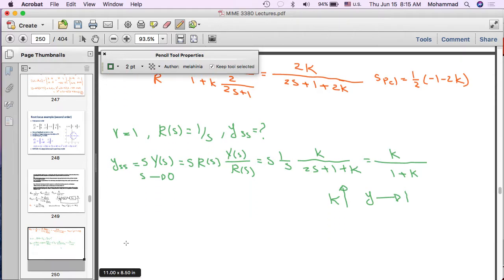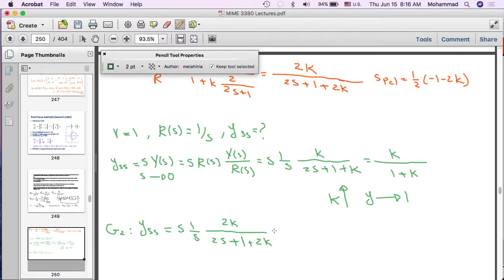If we look at G2, we can repeat the same process. So y steady state is S times 1 over S, which is R, times the closed loop transfer function, which in that case is 2k over 2S plus 1 plus 2k.